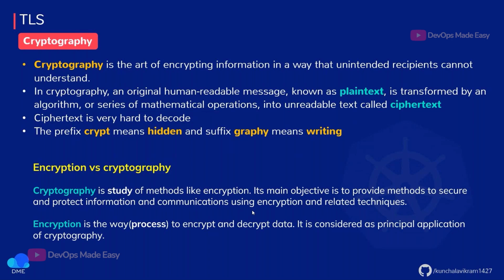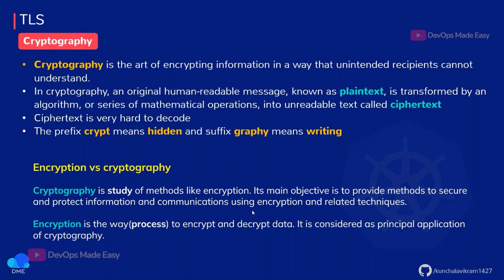Encryption is also the same thing, right? Encrypting means you're encrypting the data so that others won't understand it. But there is a difference between encryption and cryptography. Cryptography is a study of methods like encryption, so encryption is a process inside cryptography.